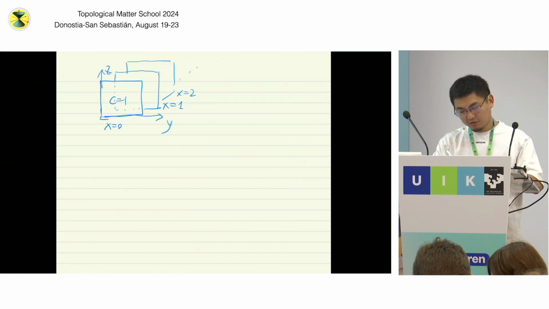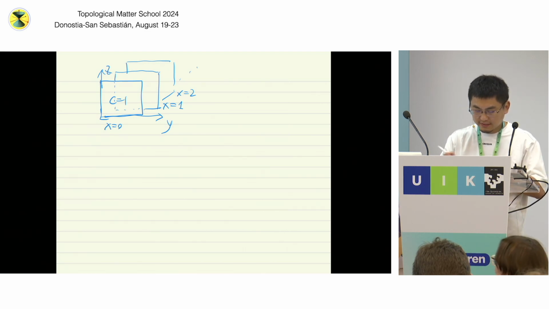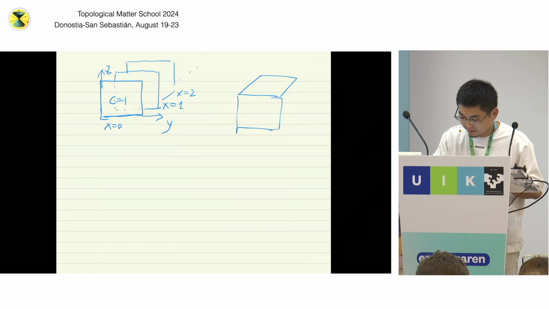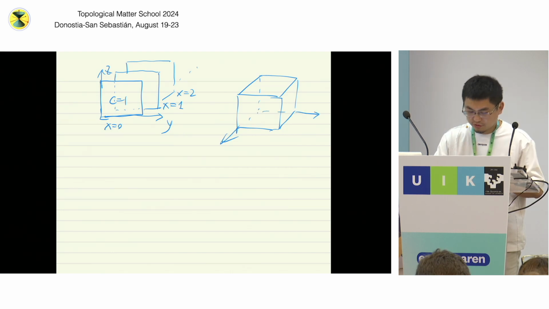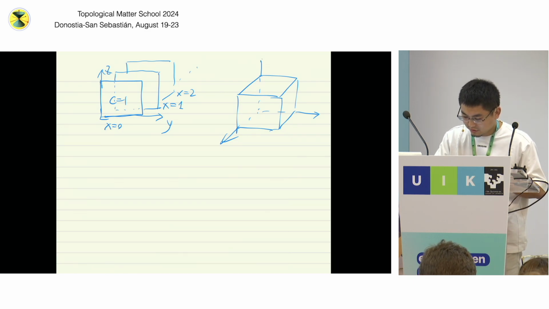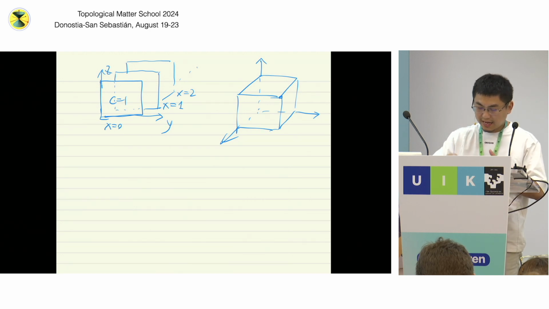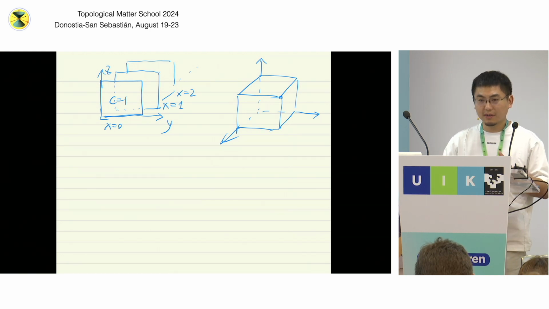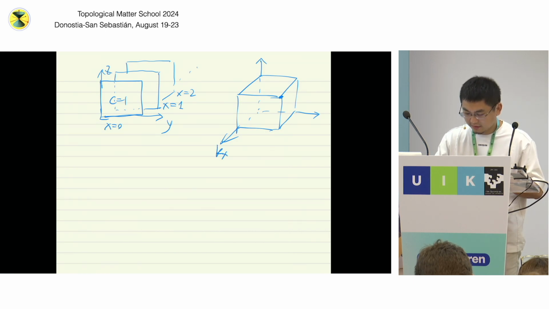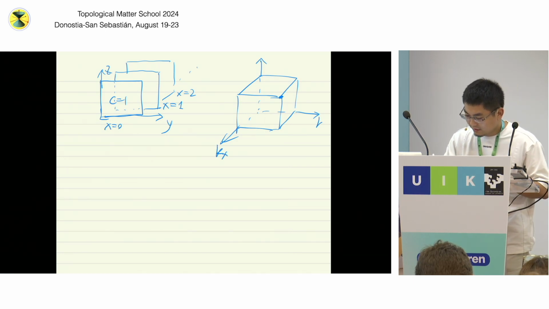And now if you transform these states into momentum space, you will have the parities in momentum space like this. Let's assume in each layer we only have a single occupied band. So in the 3D system, we also only have a single occupied band. And as these layers are decoupled in the x direction, nothing depends on kx, right? So kx is just a trivial index here.